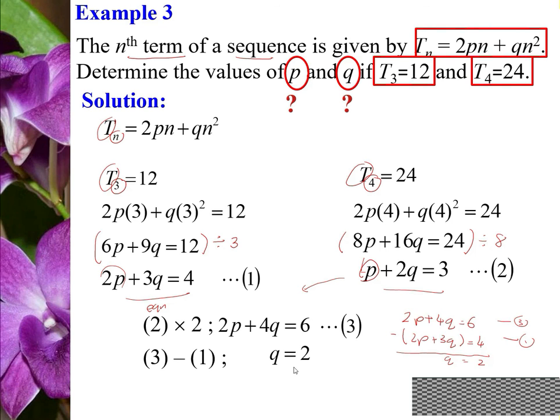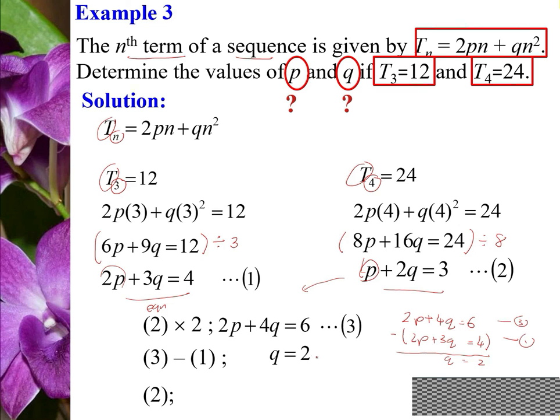If you can't see clearly how we did this step, you can just simply write equation 3 on top of equation 1, put a big bracket here, and then minus these two equations. 2p minus 2p is 0, 4q minus 3q is q, 6 minus 4 is 2. That's where you get the answer q equal to 2.